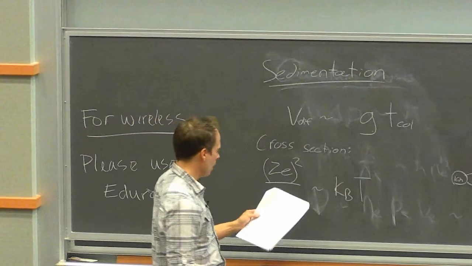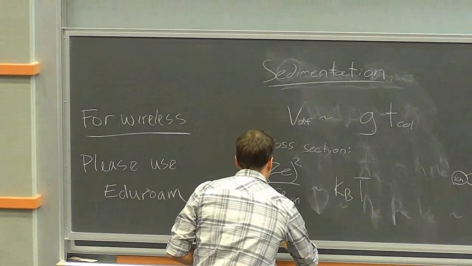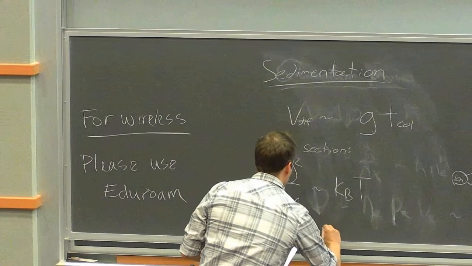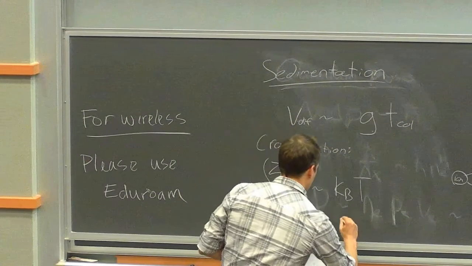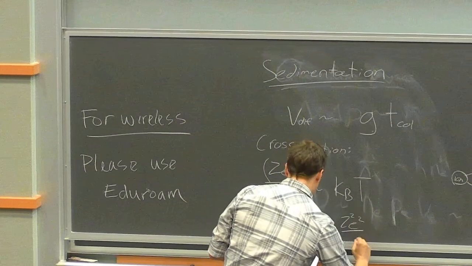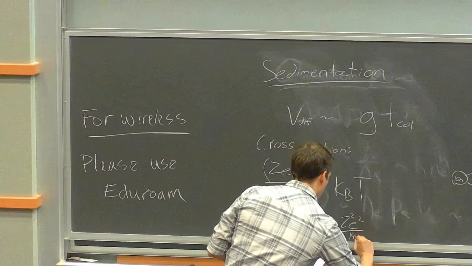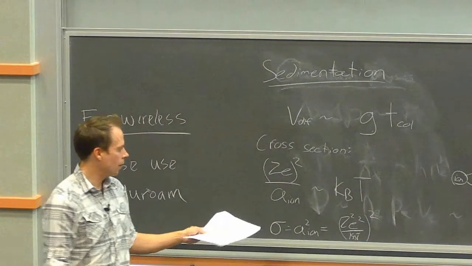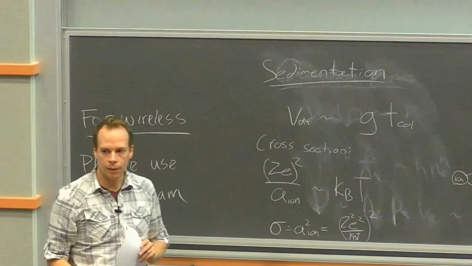Okay, so you can calculate this cross-section for interaction, which is basically that size squared. So that's basically (Z E squared over k_B T) squared. That's how big an ion looks to another ion.